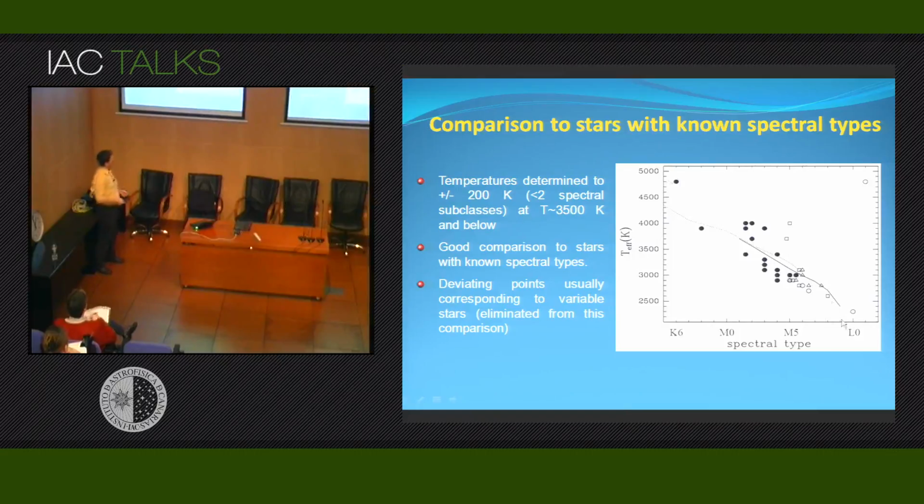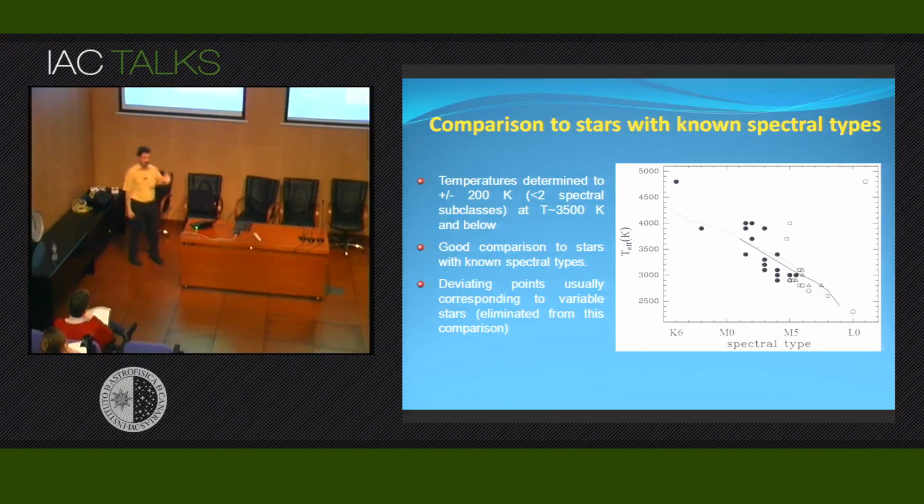So the method works within the accuracy that we expect from the quality of our fits, and that gives us confidence that we can rely on the temperature that we obtain from our fits for all the other members of the cloud that we detect, and for all the stars that we detect in the surveyed area in general.